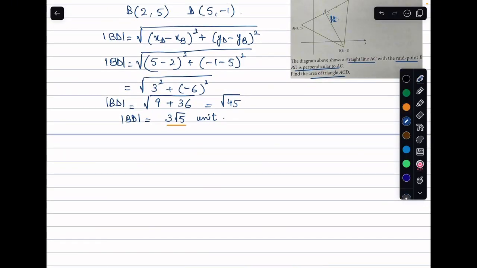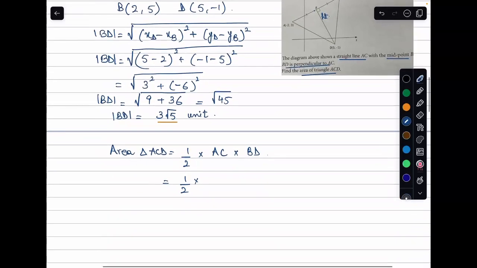Substituting in the area formula, the area of triangle ACD is going to be 1 by 2 times the distance AC times the height BD, or 1 by 2 into 4 under root 5 times 3 under root 5. So 2 ones are 2, 2 twos are 4, and solving it further, under root 5 into under root 5 will give me just a 5.